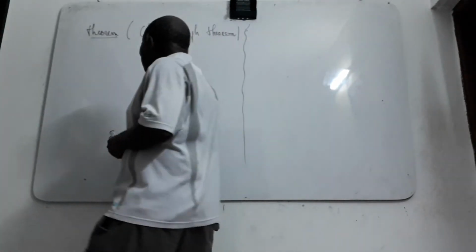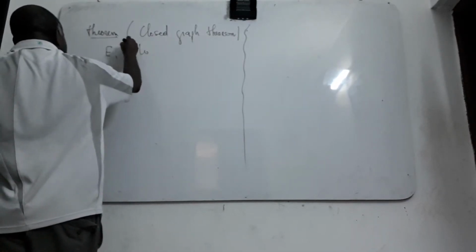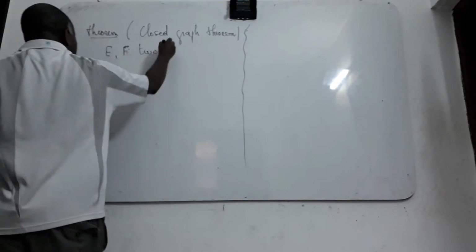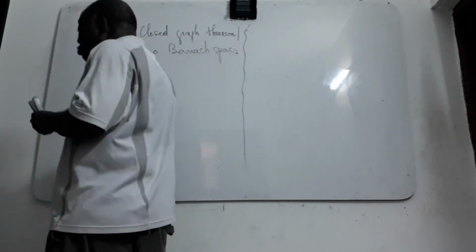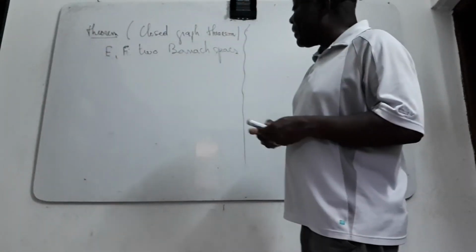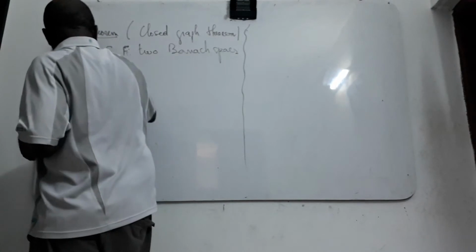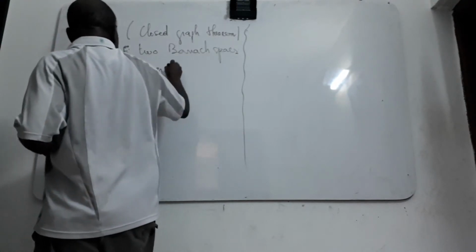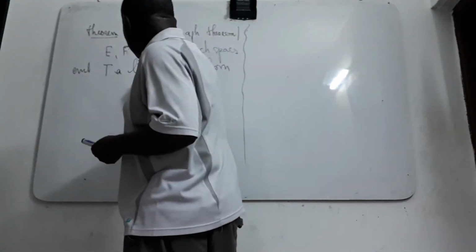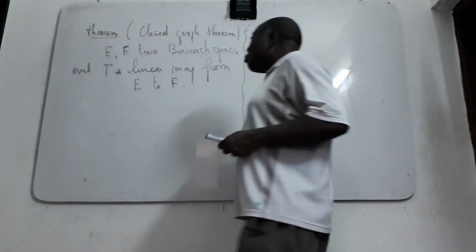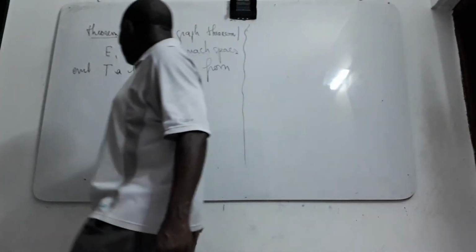We suppose that E and F are two Banach spaces, and T is a linear map from E to F.